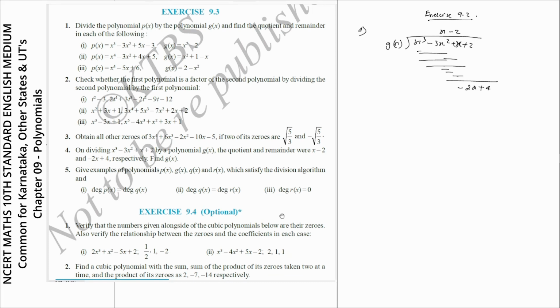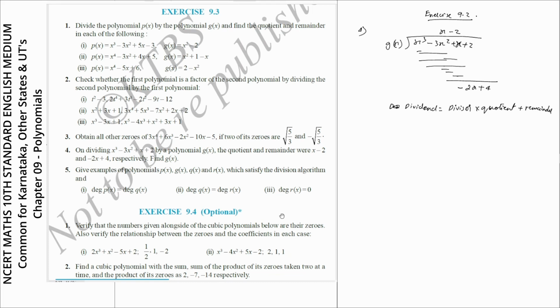Now I should find g of x. Now what is divisor? Dividend is equal to divisor into quotient plus remainder, right?